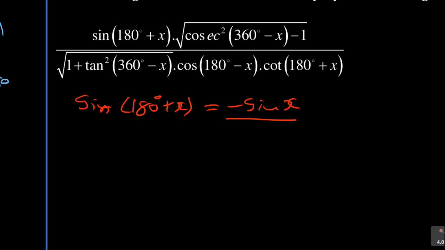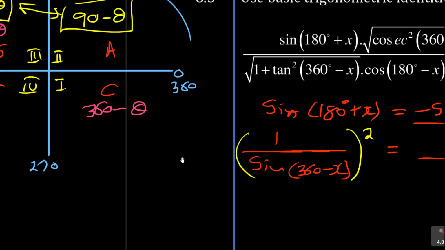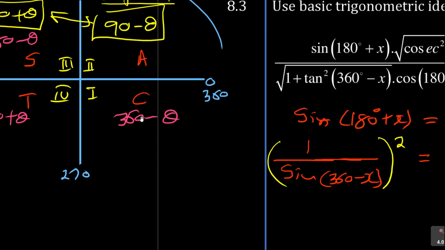What is cosec? Cosec is 1 over sine, so it will be 1 over sine of 360 minus x. See that? And if they say squared, you do this. That is cosec squared. So this will be equal to 1 over, now sine of 360 minus x, 360 is the fourth quadrant and sine is negative.